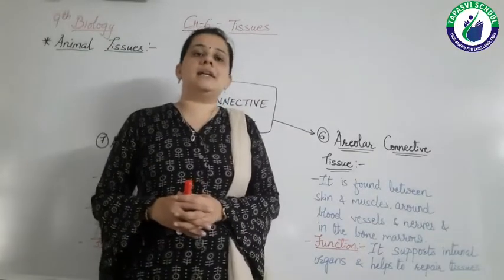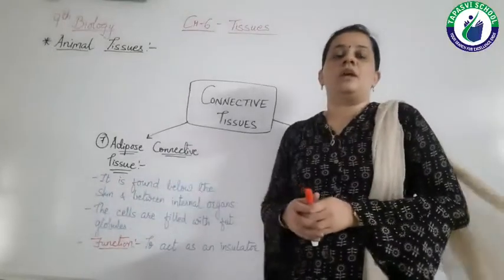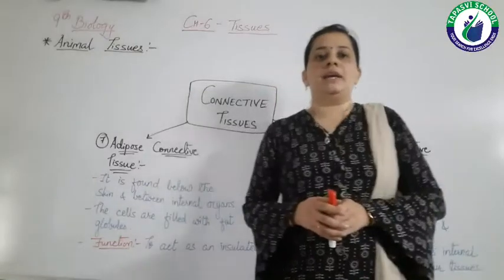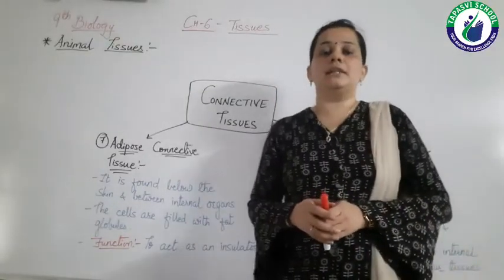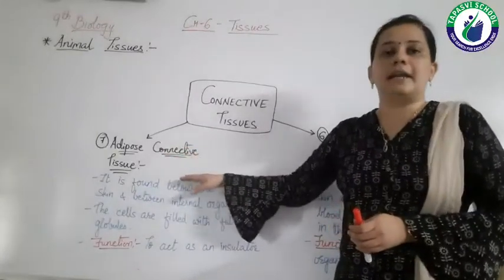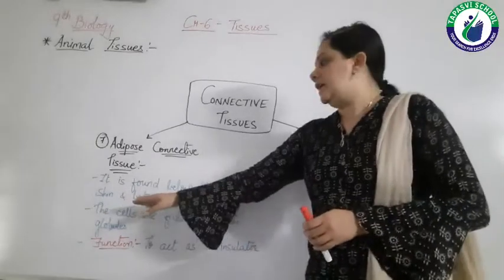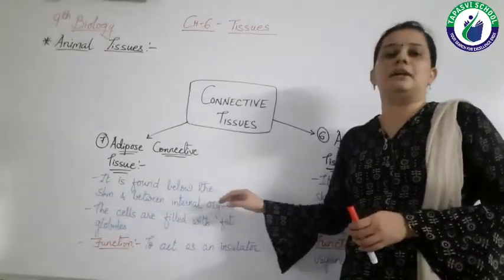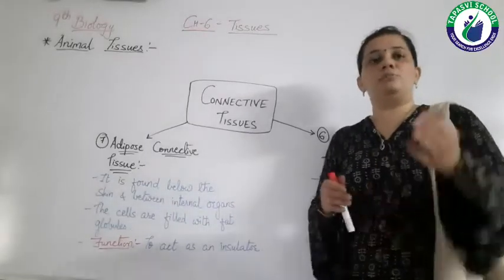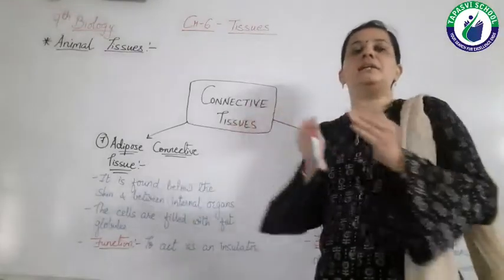Now the next connective tissue is adipose connective tissue. The fat globules stored in the tissues are known as adipose connective tissue. It is found below the skin, right, and between the internal organs.